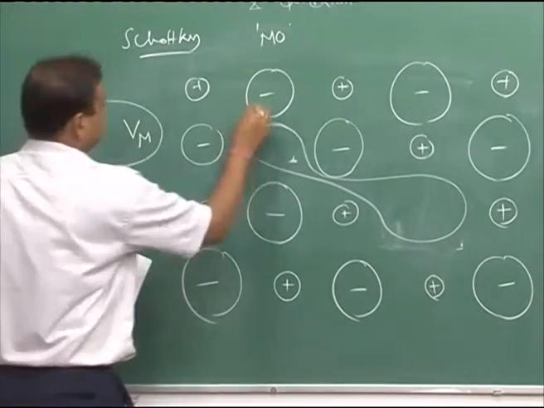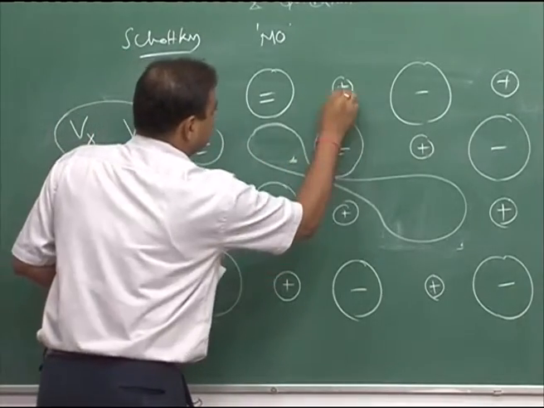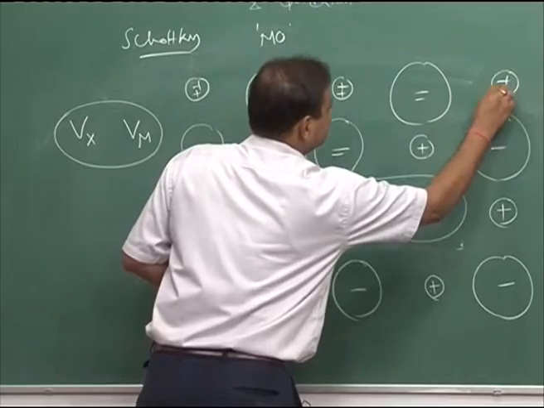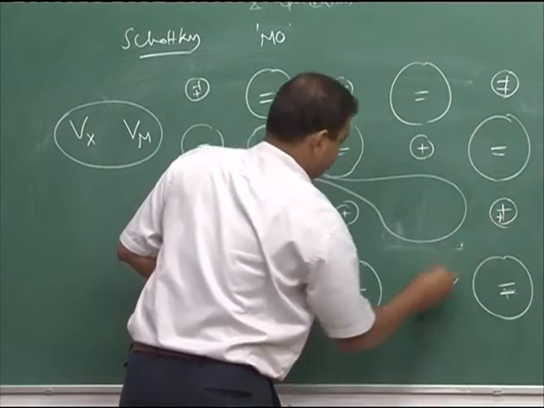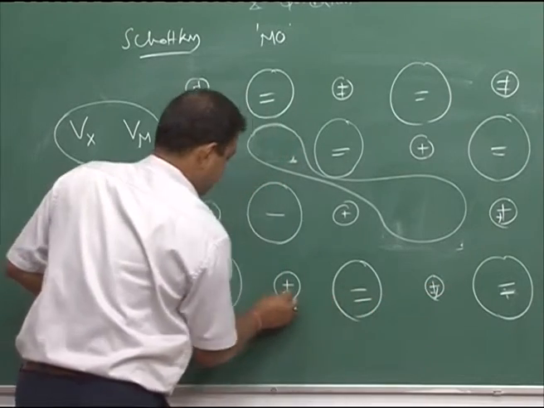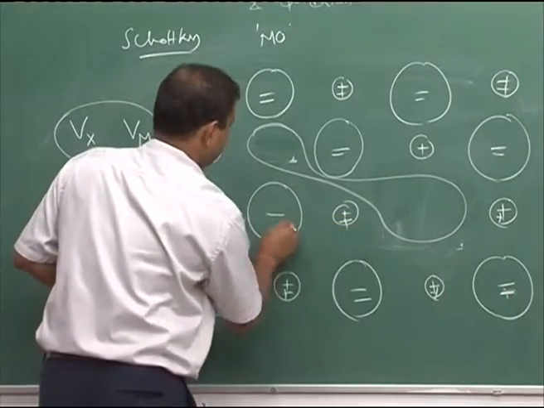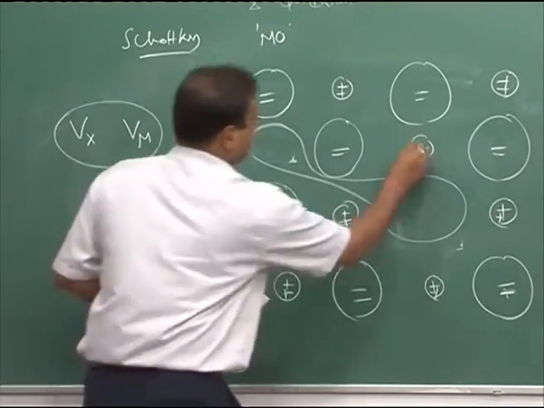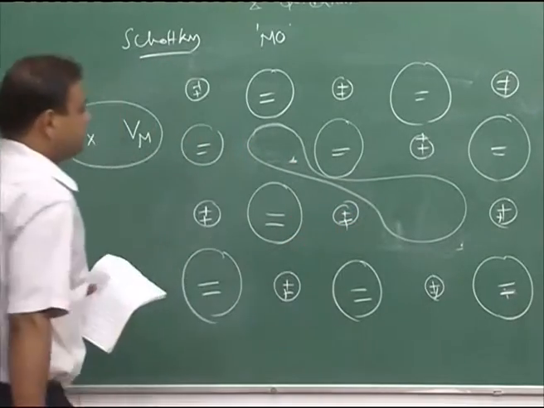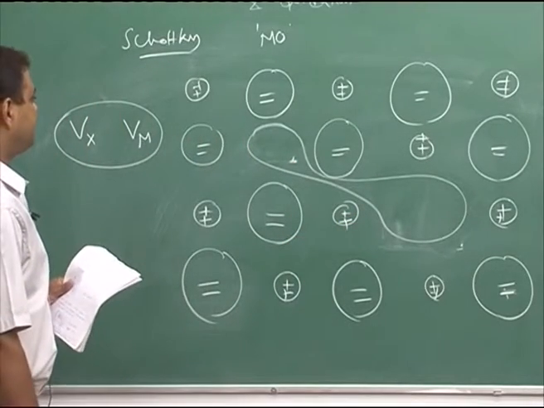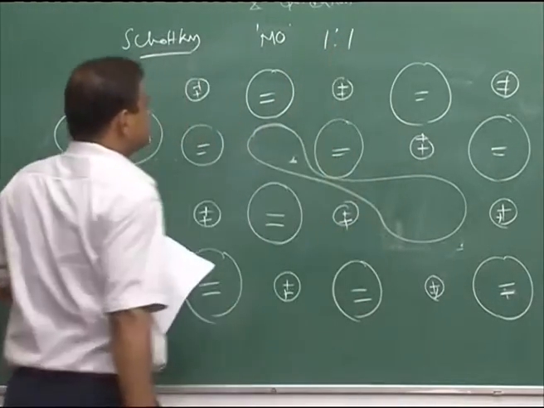Now, if this has double charges, so even if we miss one cation and one anion there, overall this 1:1 stoichiometry is maintained.